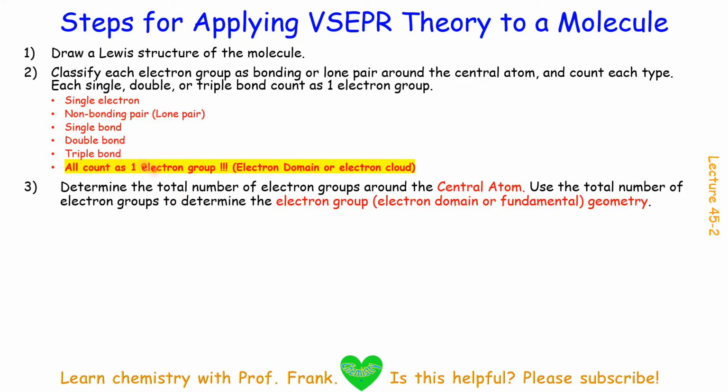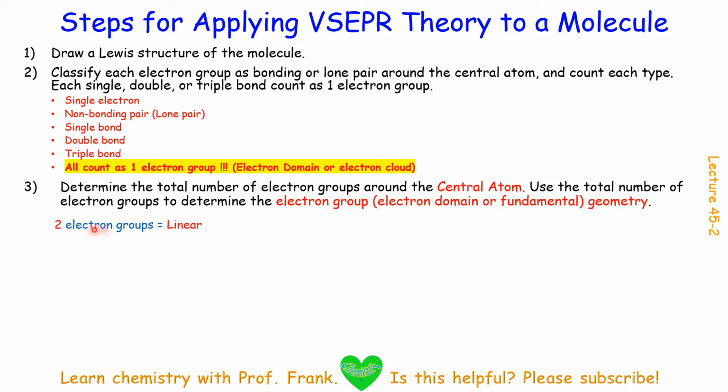After that classification, we can determine the total number of electron groups around the central atom. Use that total number of electron groups to determine the electron group geometry, or sometimes we call that electron domain geometry or fundamental geometry.